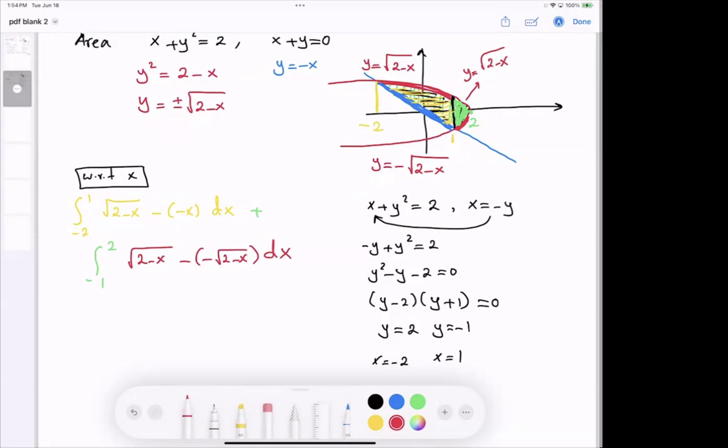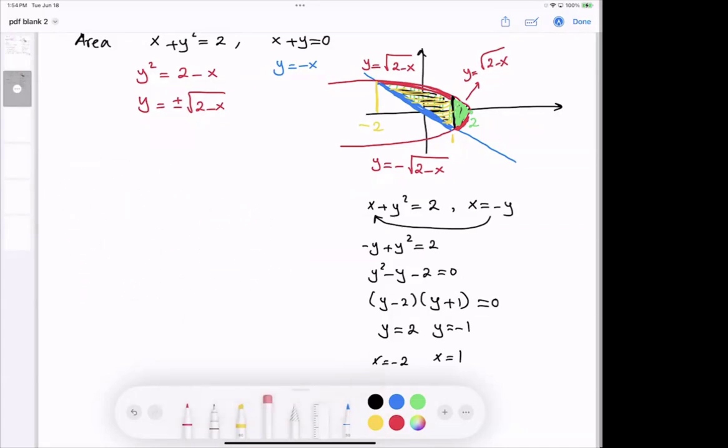So let me erase this portion. I'm going to calculate the integral with respect to y instead. With respect to y, it makes the calculation much easier. Why is that? If you just flip this and look at the visualization, this is your x-axis and this is your y-axis.